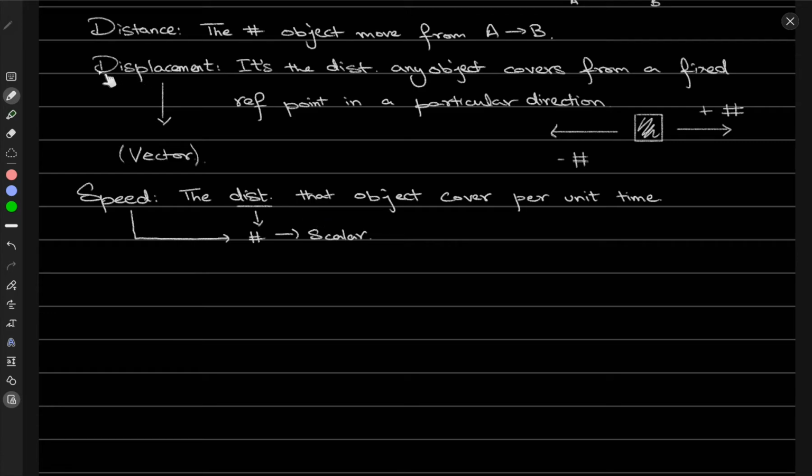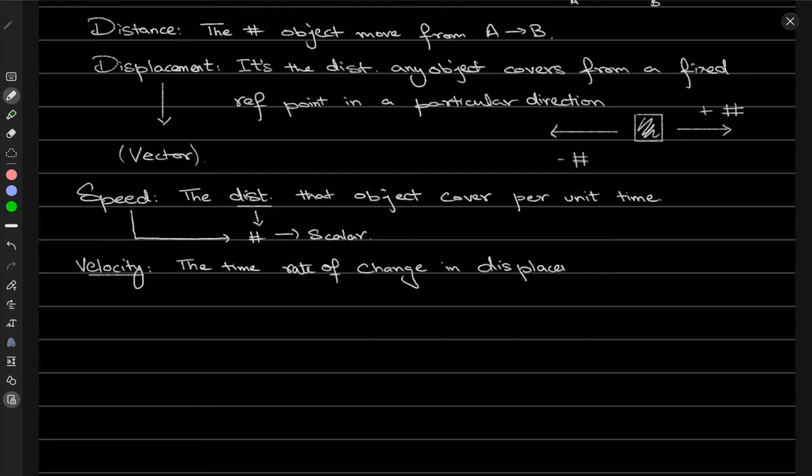But then, because I have defined displacement, I can define a quantity that is known as velocity, and velocity is simply defined as the time rate of change in displacement.